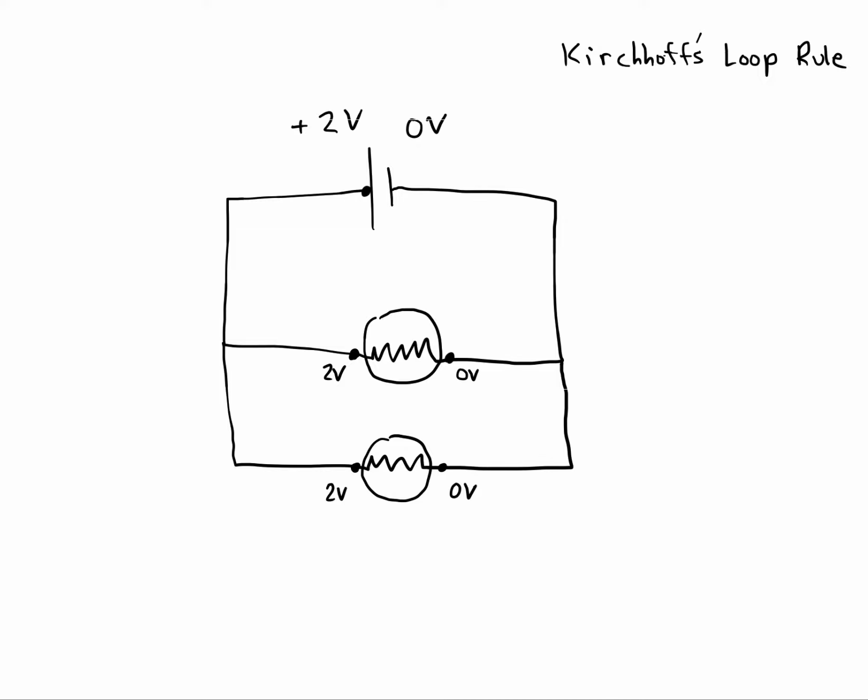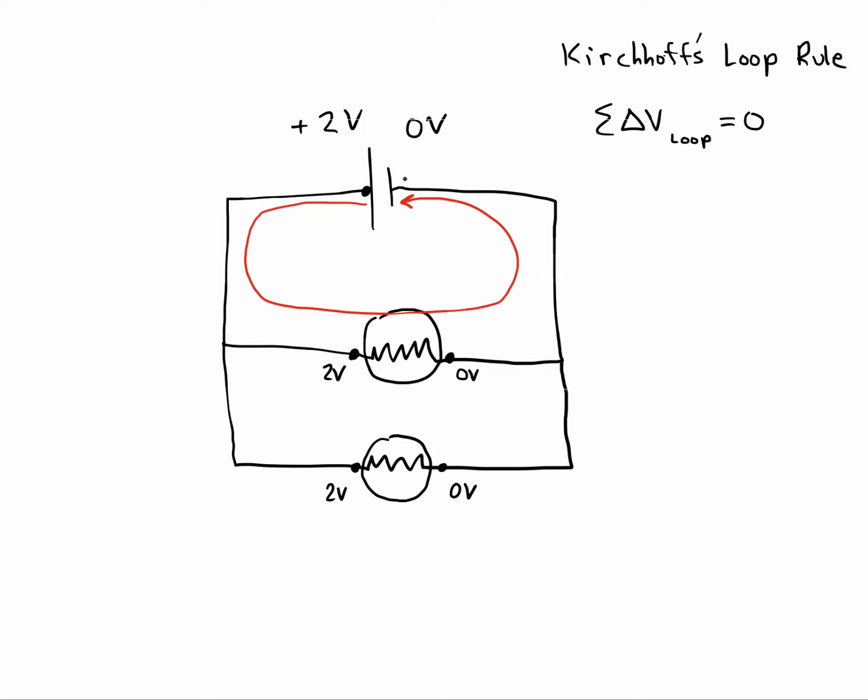What the loop rule says is that whenever you're going from positive to negative all the way around a circuit, in any one loop, you have to drop the entire voltage of the battery. Basically, the rule says that the sum of all the changes in potential in a closed loop is equal to 0.